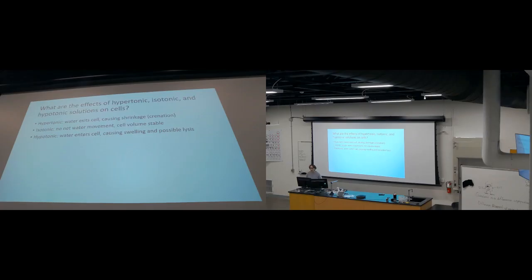So when you put cells in a hypertonic solution, the cells will crenate or shrink. When you put cells in an isotonic solution, the cells do not gain nor lose volume, so the volume stays stable and the shape of the cells stays the same.